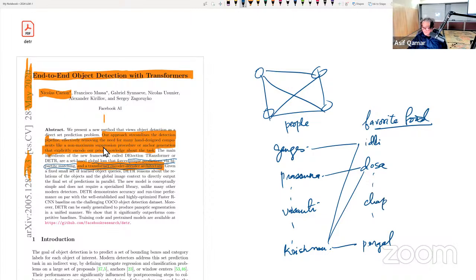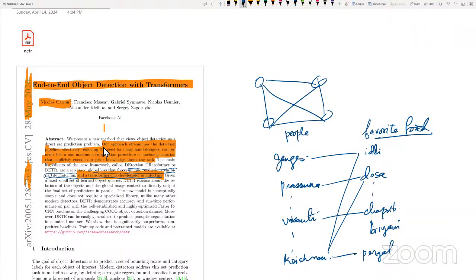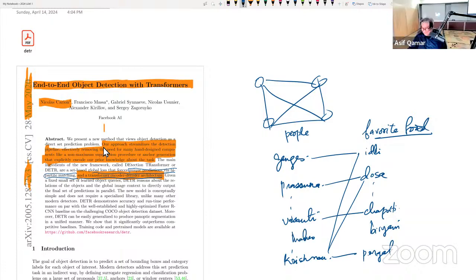Chapati. I find that a bit hard to believe, isn't it? That combination. And anything else? Dosa, idli, pongal, biryani. Karela. Oh yeah, nice. Go ahead. And anybody else's favorite is biryani?